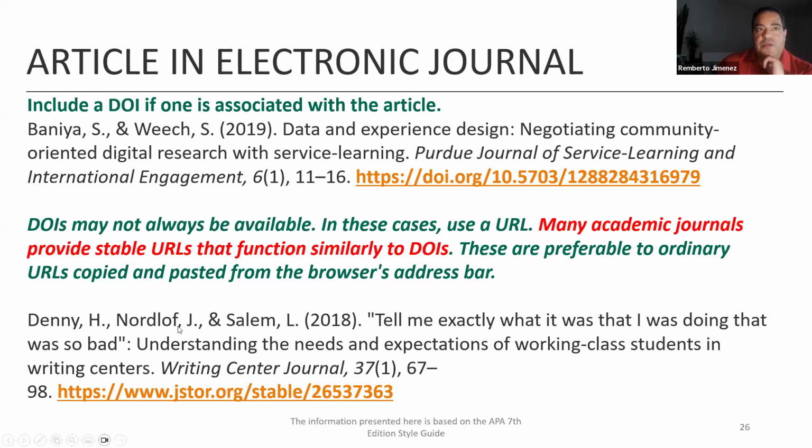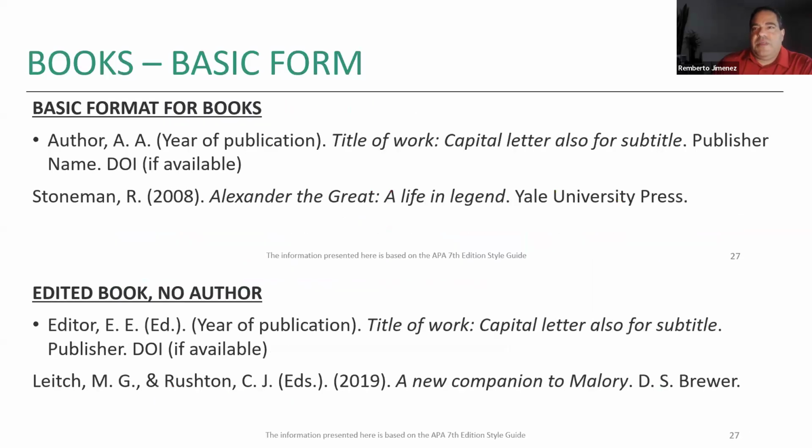So in this case, Denny, Nordloff, and Salem in 2018 wrote this article on understanding the needs and expectations of working class students in writing centers. This is from Writing Center Journal, the 37th volume, issue 1, on pages 67 to 98. And then in this example, we have a JSTOR element that was included.